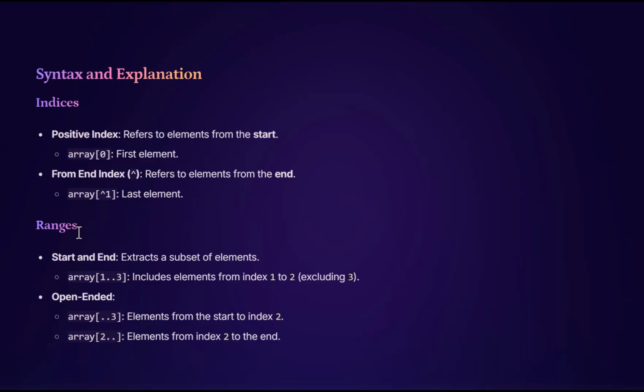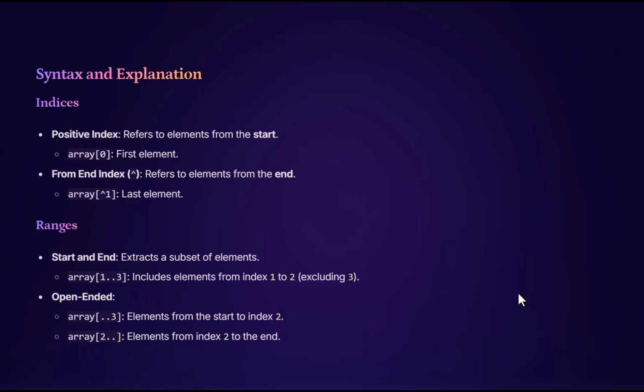As well for ranges, as we discussed, array[1..3] includes the elements from index 1 to 2. If you would like something open-ended, you put ..3, which means the elements from the start to index 2. And the same here, 2.. means the elements from index 2 till the end of the array.